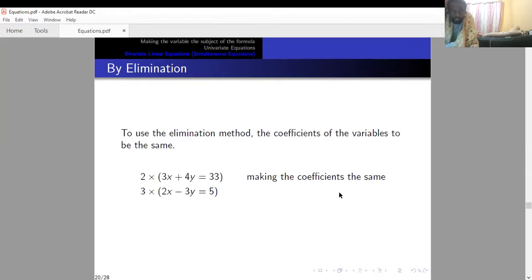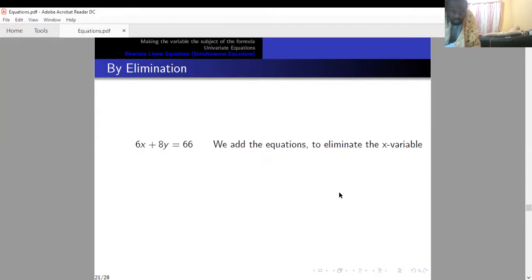Remember, we are removing x. So we multiply the top by 2, we multiply the bottom by 3, so that we have 6x plus 8y equal to 66. At the bottom we multiply by negative, such that now we have these two equations.